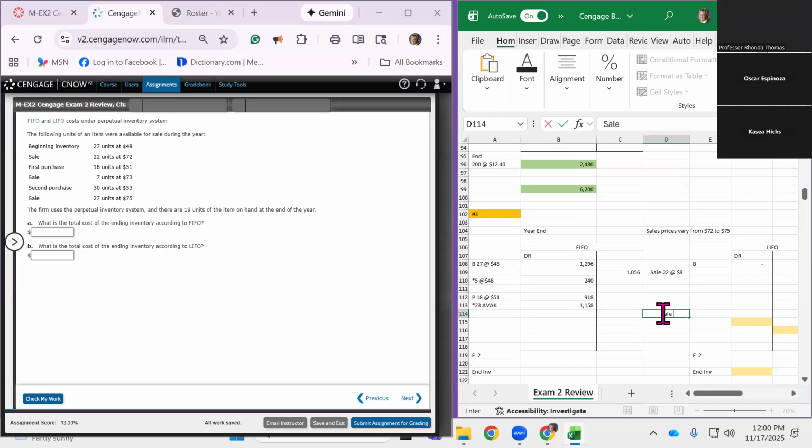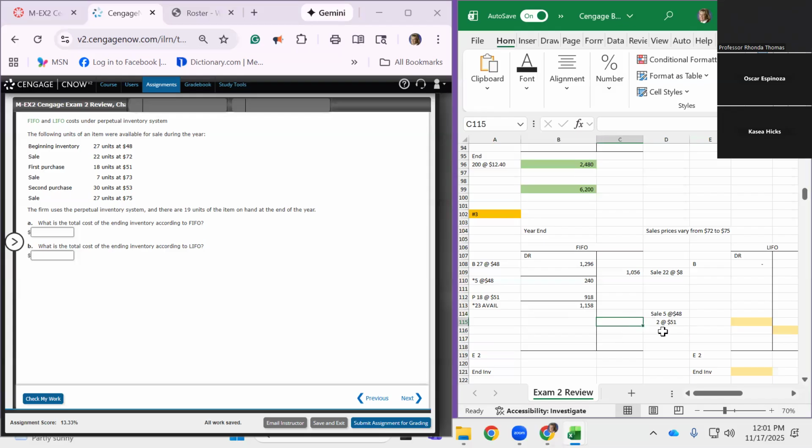So 5 of the items, yep, 5 of the items is all going to be that $48 cost. And then we're going to break into 2 at the $51 cost. Okay, we'd have to add that together. Okay, and so I'll show you that coming out.